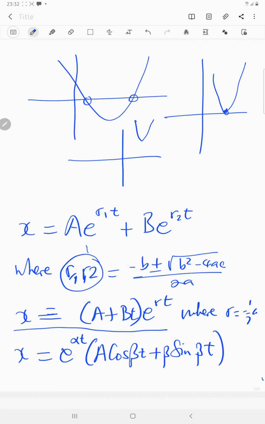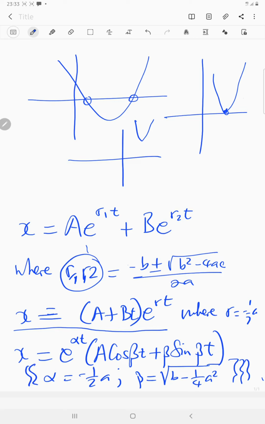So this is the situation where alpha is equal to negative half a, and beta is equal to the square root of b minus 1 over 4a squared. So this gives us the solutions that we have.